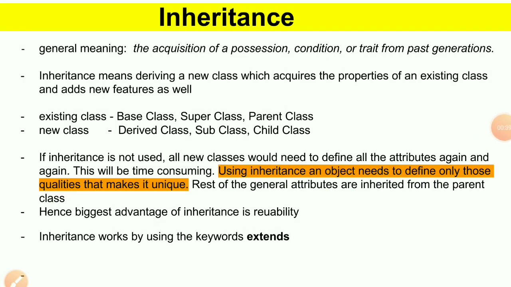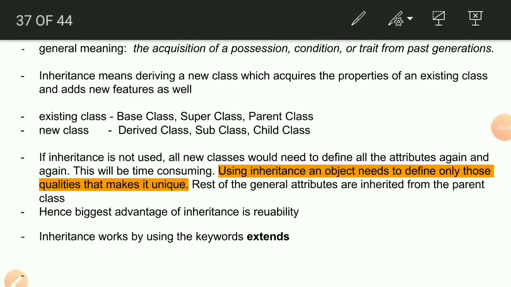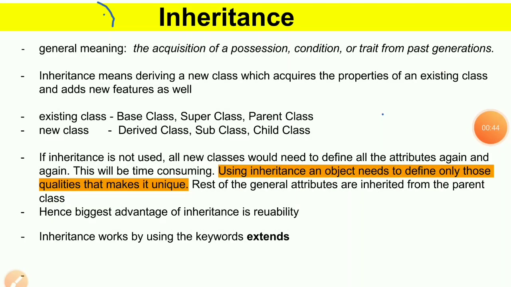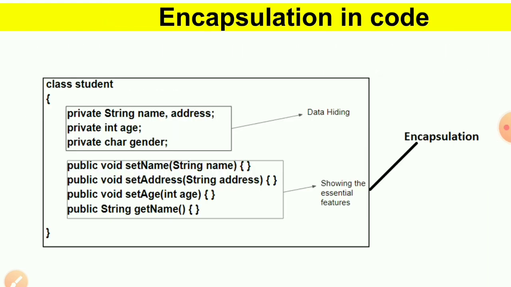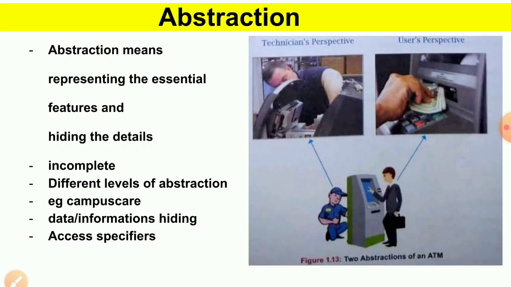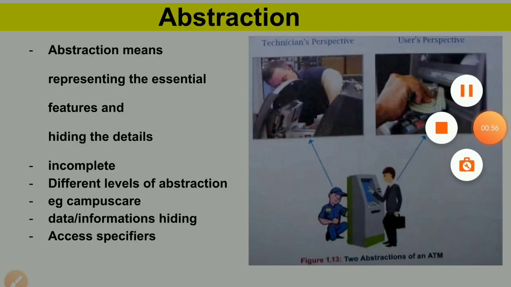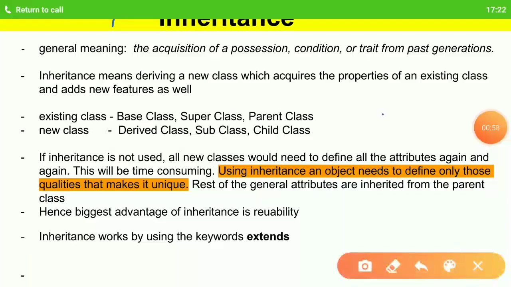So, what does the term inheritance mean? If we see the dictionary meaning of inheritance, it says acquisition of a possession, condition, or trait from past generations.